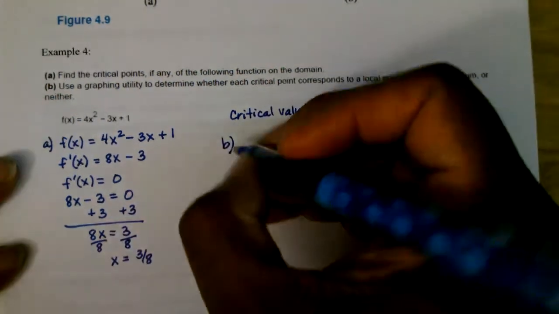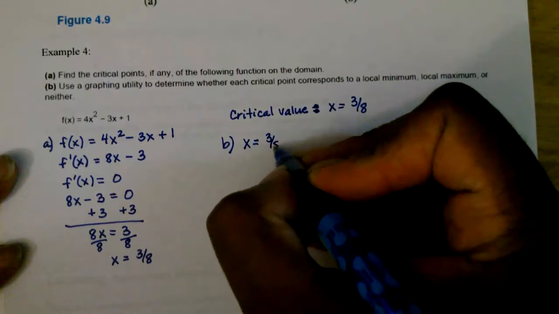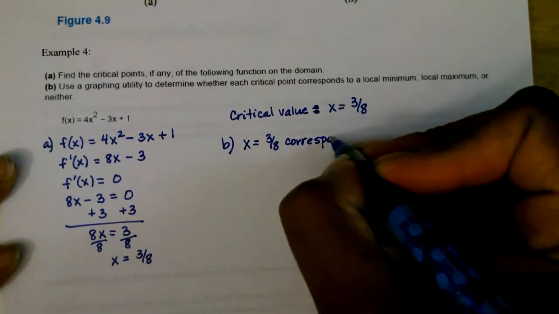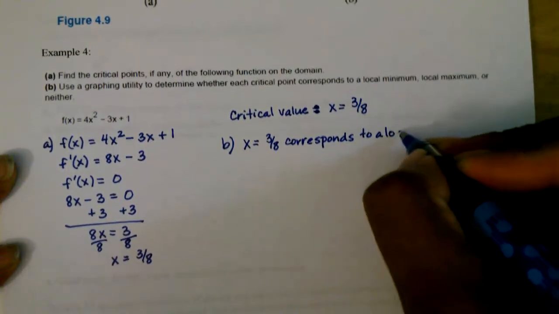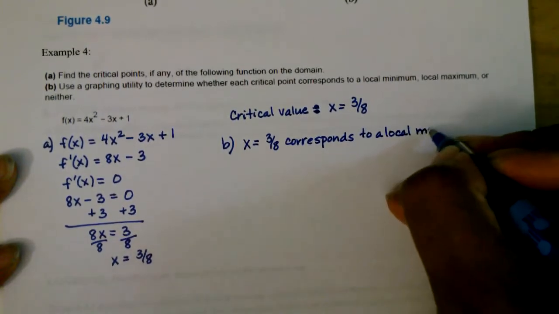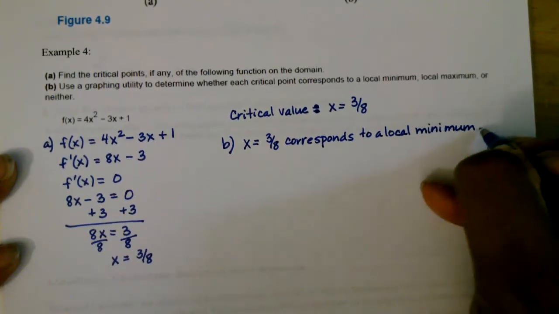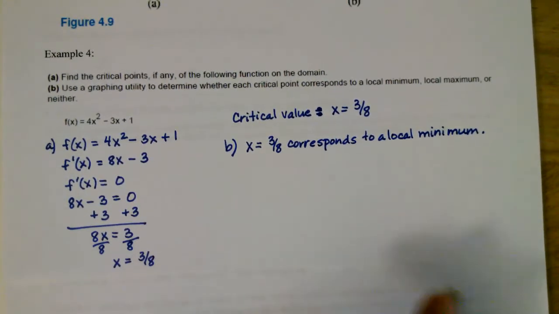So x is equal to 3/8 corresponds to a local minimum.